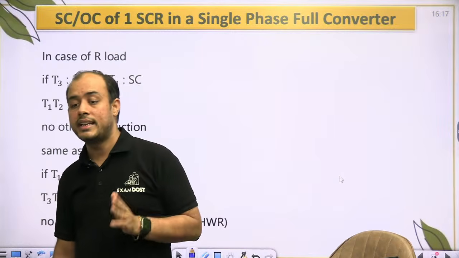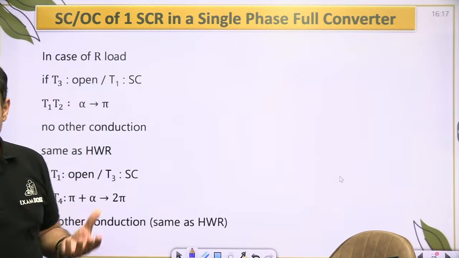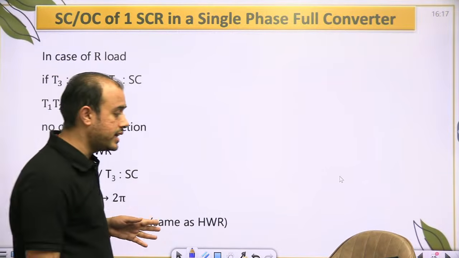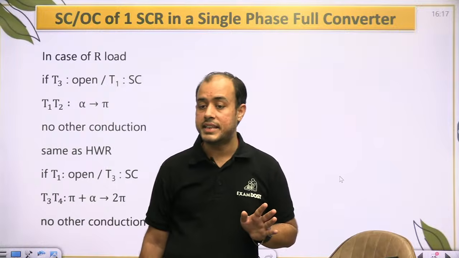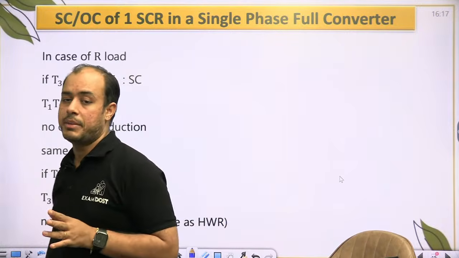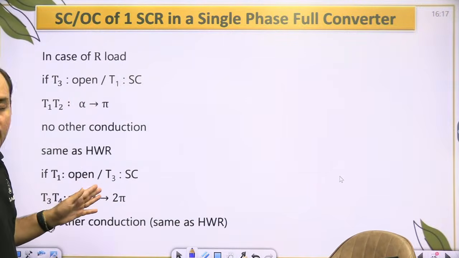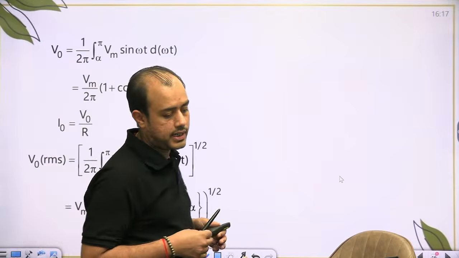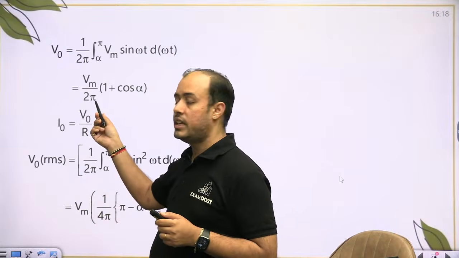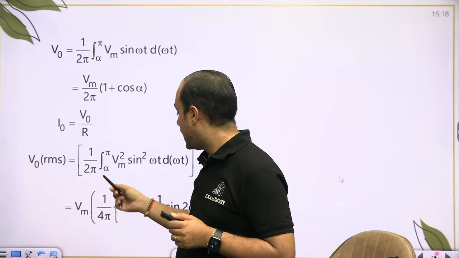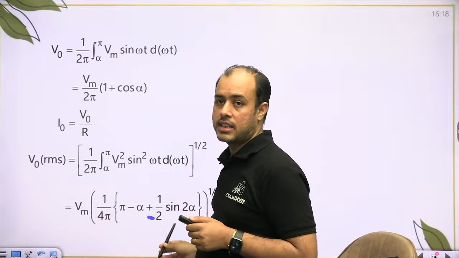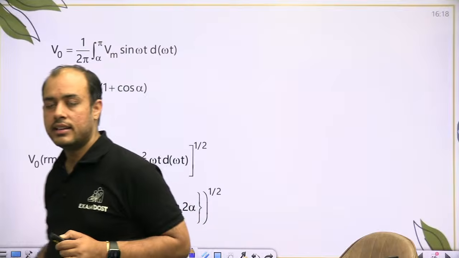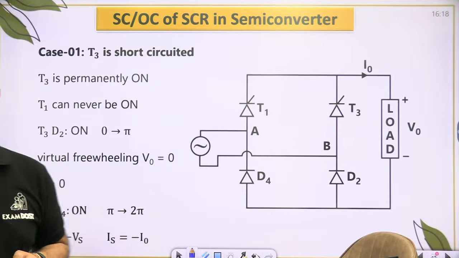There is no compulsion to conduct in both half cycles when the load is resistive. Conduction will come in only one half cycle and it will behave like a half wave rectifier. So average output will be Vm by 2 pi (1 plus cos alpha), RMS is the square root of 1 by 4 pi times (pi minus alpha plus half sin 2 alpha). If it is an R load, conduction will not come in both half cycles.